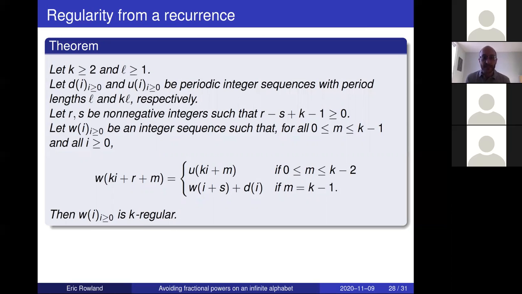So here's a relatively complicated recurrence, but what this is basically saying is this is of the form that we've been looking at. So you have some sequence Wi, and every k terms looks back at earlier terms in the sequence, shifted up by some amount d of i, which is a periodic sequence. And then the terms in between are given by some periodic sequence u.